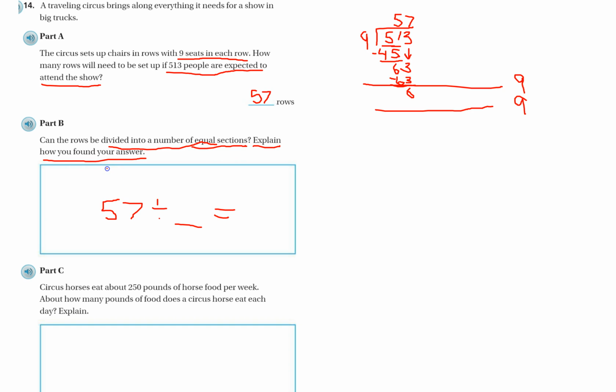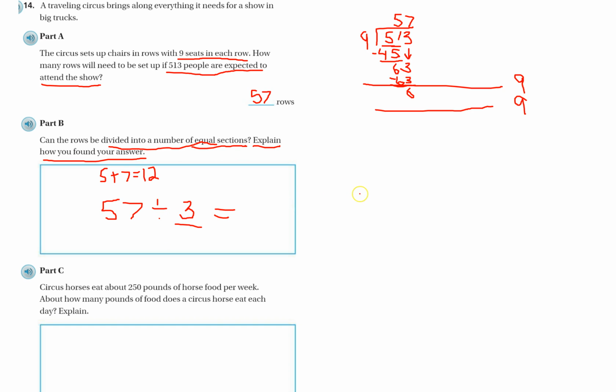For example, 57 is 5 plus 7, and that equals 12. And 3 can go into 12 evenly, so I automatically know that 3 can go into 57 evenly. So that was pretty easy.